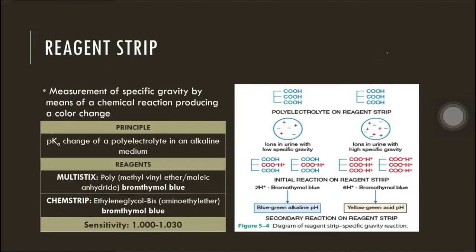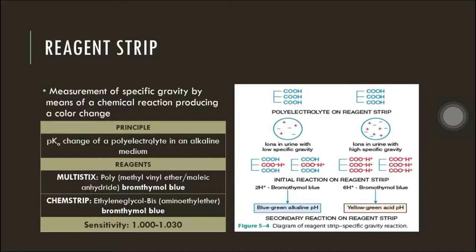Next, we'll talk about the reagent strip for the determination of specific gravity. For the reagent strip, specific gravity is measured by means of a chemical reaction producing a color change. That is the basic principle of the reagent strip. The principle for specific gravity is the pKa change of a polyelectrolyte in an alkaline medium. Basically, the polyelectrolyte will change depending on the number of ions or ionizing substances present in the urine.